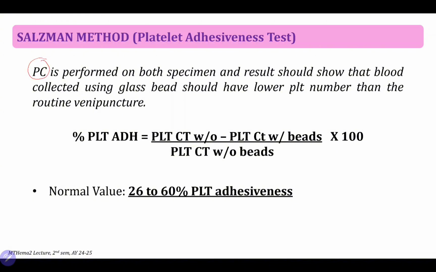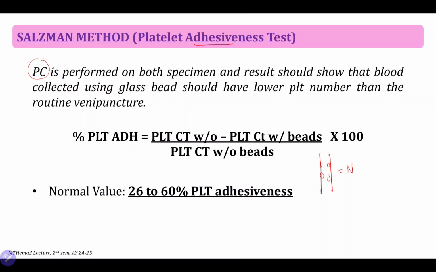That is because one of the functions of your platelets is to adhere themselves to a surface area once there is tissue injury. Now, in vitro, we use the glass to represent the contact area for adhesion. Your platelets would naturally adhere to the glass column or glass bead, which would indicate that the adhesion function of your platelets is normal.